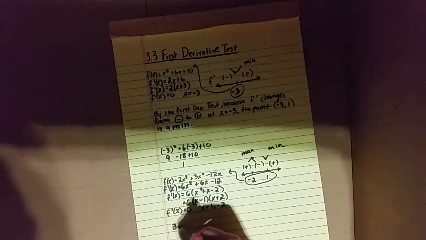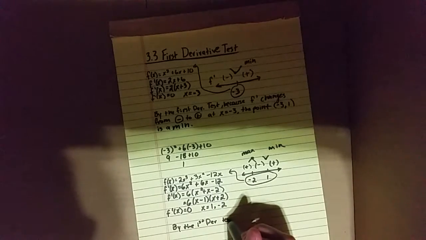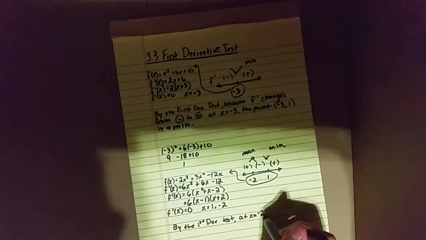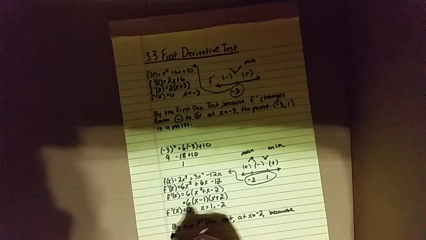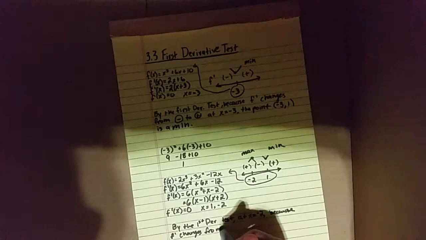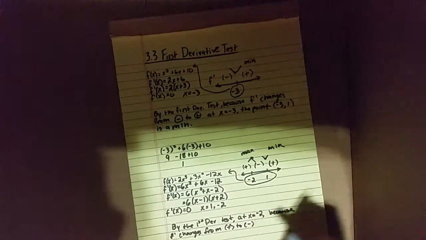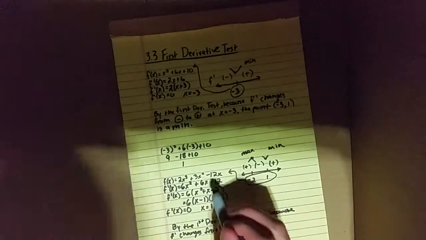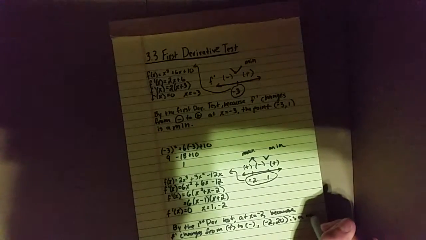So by the first derivative test at x equals negative 2, because f prime changes from positive to negative, the point negative 2, and you plug this back in to find the y value, and it's 20, is a max.